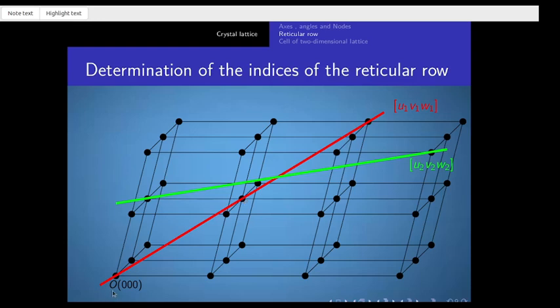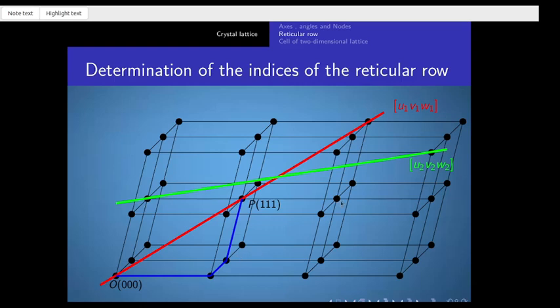To go from O to this node, we have to do this translation: 1a plus 1b plus 1c, and we say that this node, called node P, has coordinates 1, 1, 1.